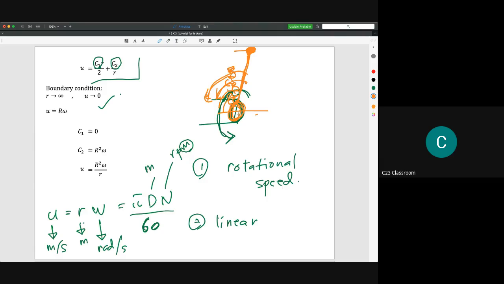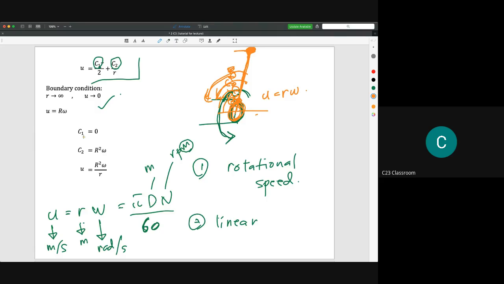The influence does not exist when the distance is too far. And if r is equal to the radius of this cylinder, it will rotate at u equal to r omega.